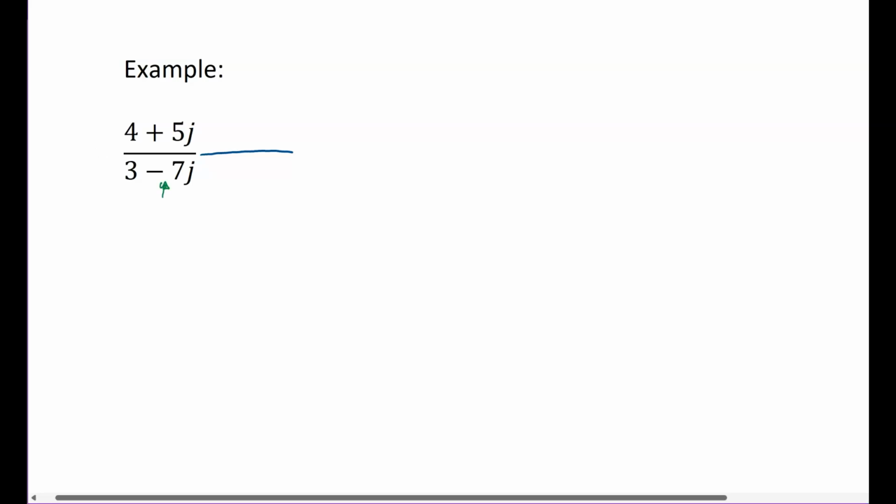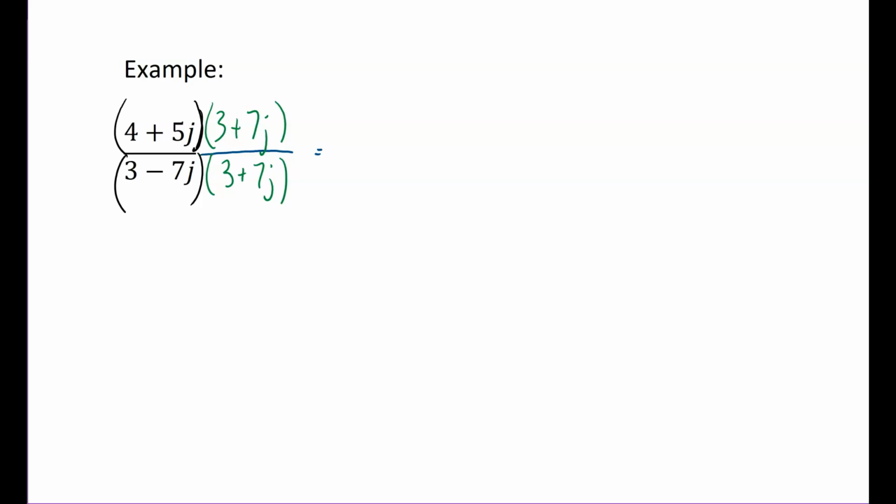So this will be 3 plus 7j, and over here, 3 plus 7j. I recommend brackets now because we have binomials being multiplied by binomials. Straight FOIL all the time.